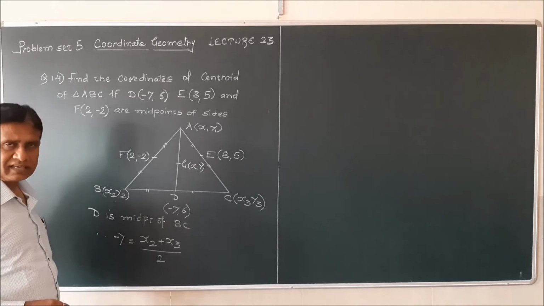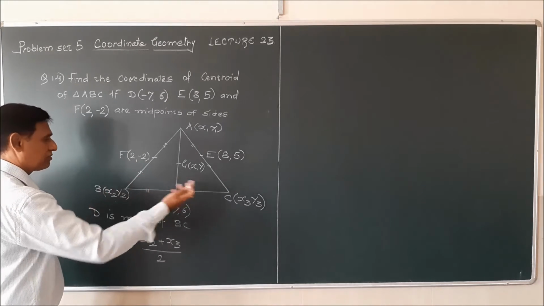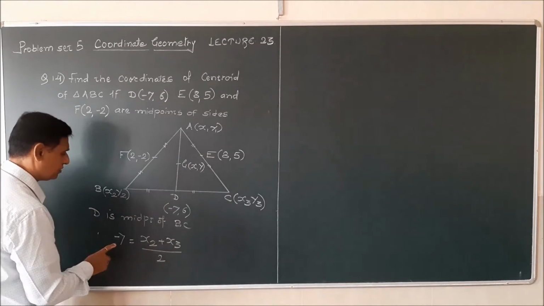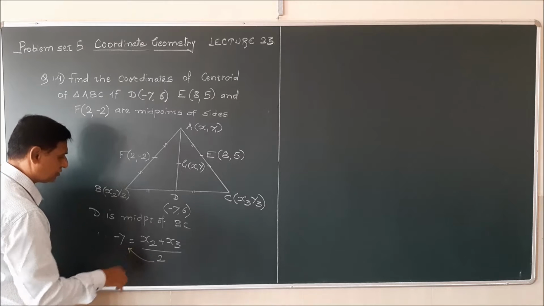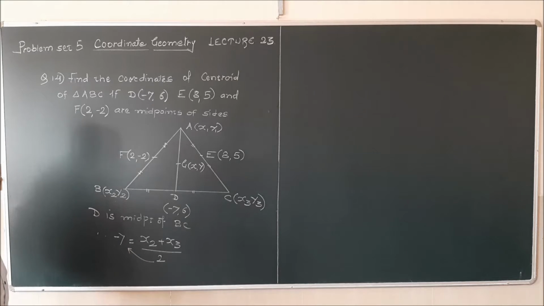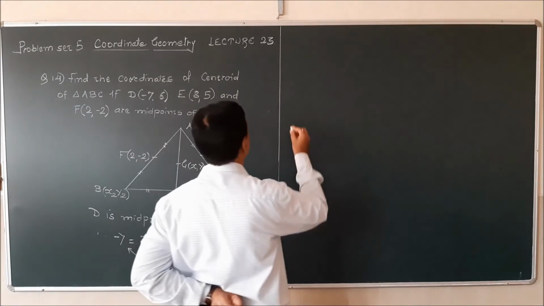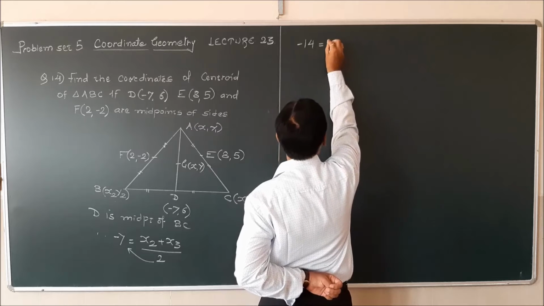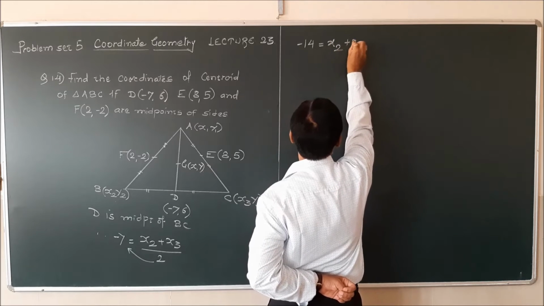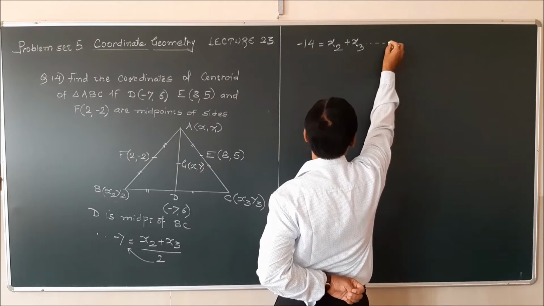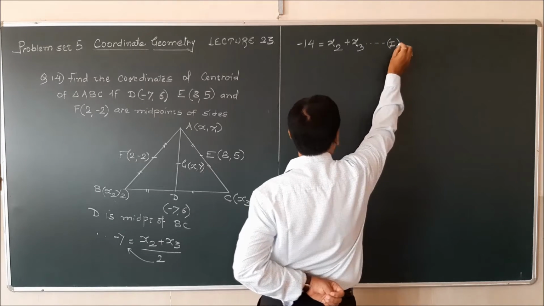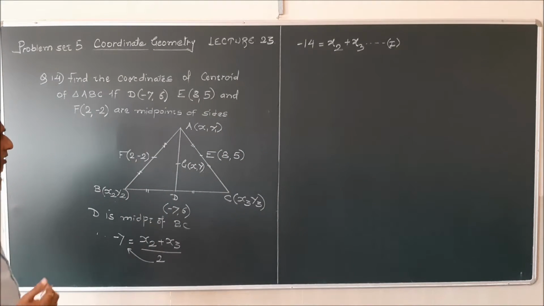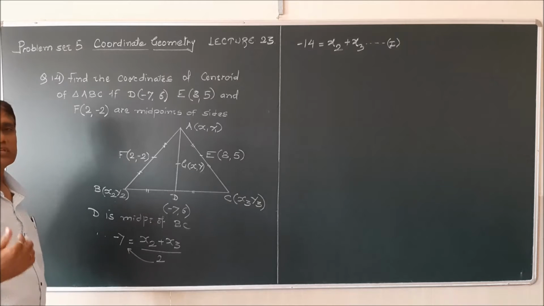If we assume x is equal to x1 plus x2 upon 2, then likewise x2 plus x3 upon 2 is equal to minus 7. I am going to transpose the 2 to the left hand side and I will be getting minus 14 is equal to x2 plus x3. Label it as 1. I am going to find out the value of x1 plus x2 plus x3.